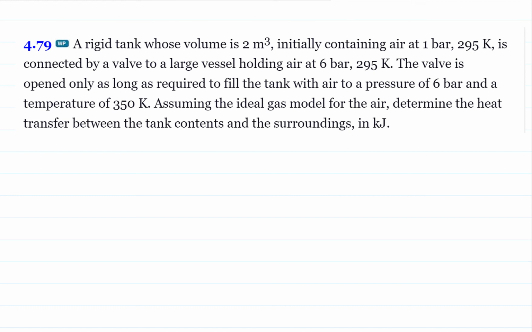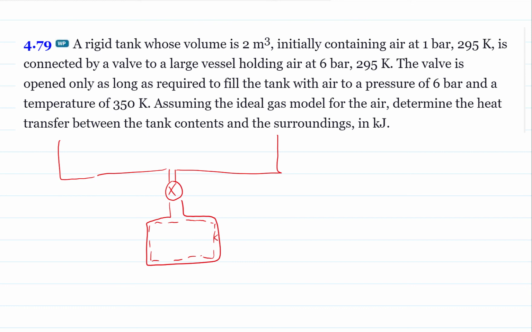Let's draw a diagram first. So this is the system boundary, and it's connected to a large tank by a valve. The volume of the tank is 2 meter cubed, the initial temperature is 295 Kelvin, and the pressure is 1 bar.